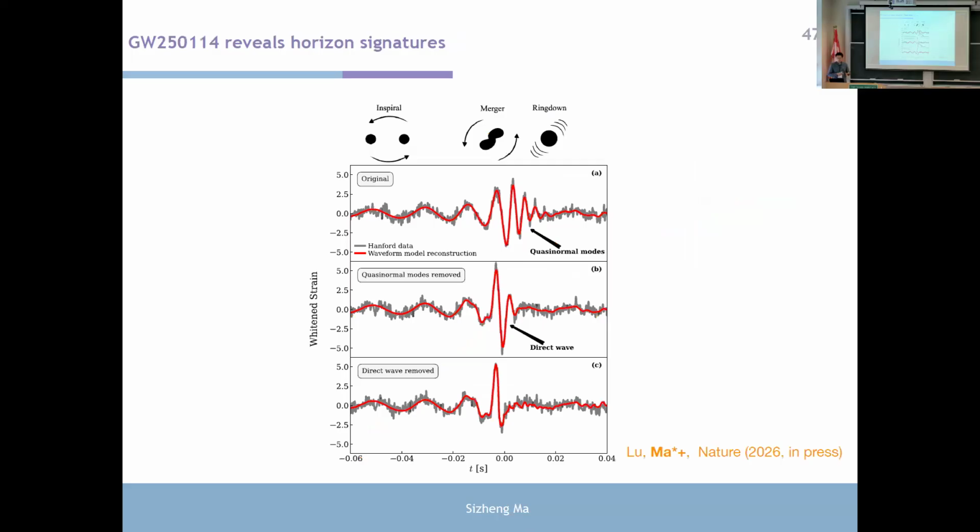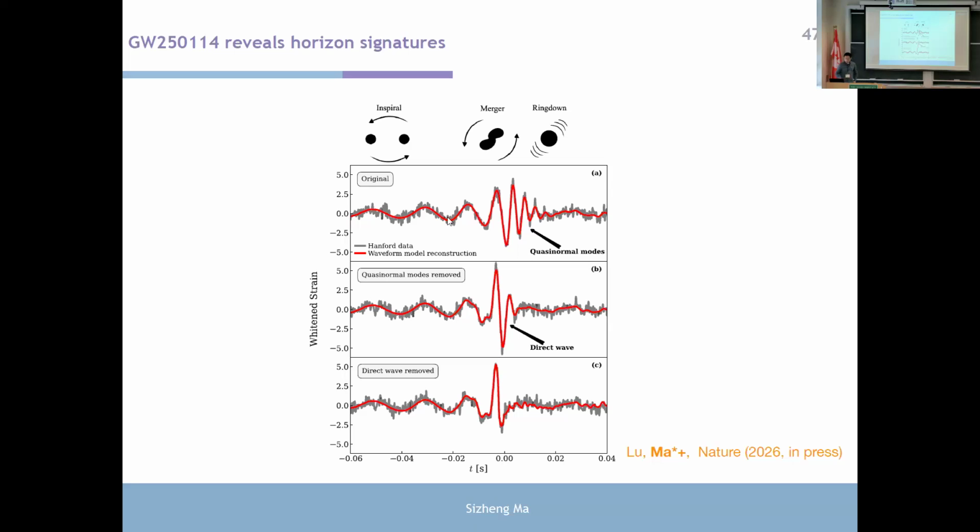After reviewing this signature from numerical relativity, it is also interesting to see whether we can observe this part in real observational data. So on January 14th, 2025, the LIGO-Virgo-KAGRA collaboration observed the largest gravitational wave event to date.